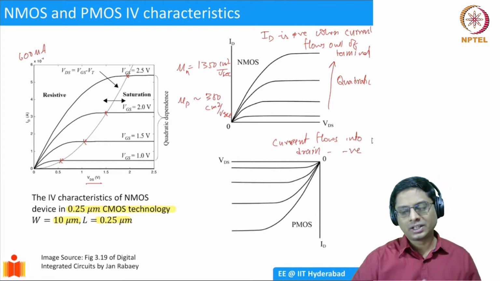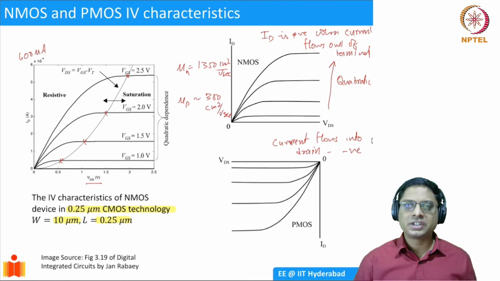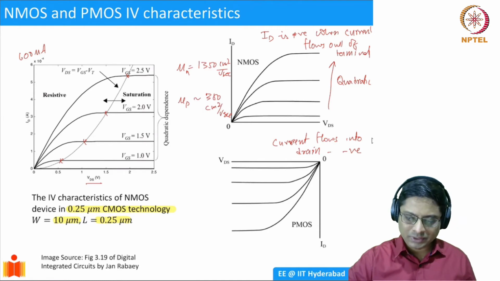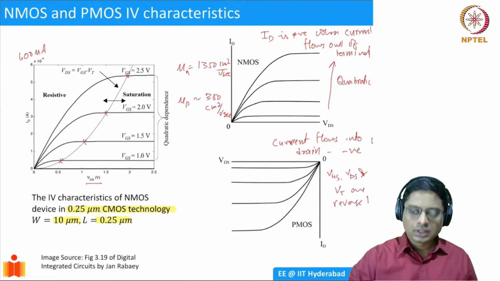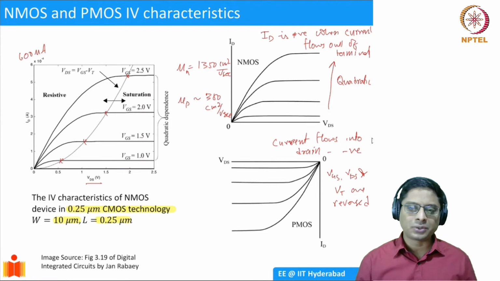The convention for current is negative now, and also VDS, VGS, VT, all of them will be negative. So basically the signs of VGS, VDS, and VT are reversed. That's usually the typical, well-designed PMOS device, which will be complementary to the NMOS device.